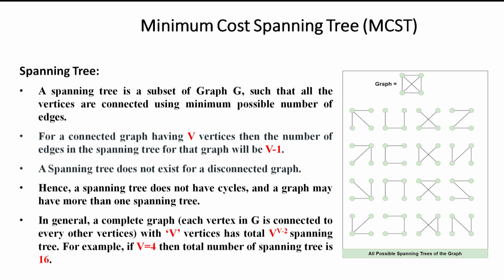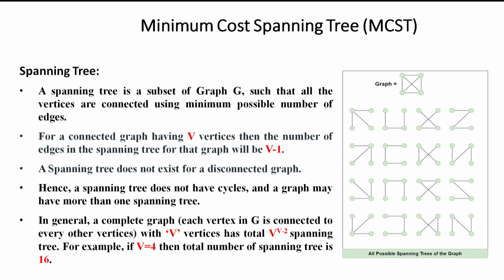Here in this slide you can see a graph having 4 vertices, a fully connected graph. The possible spanning trees are given below that graph. We can see that for 4 vertices, if it is fully connected, there are 16 possible spanning trees.